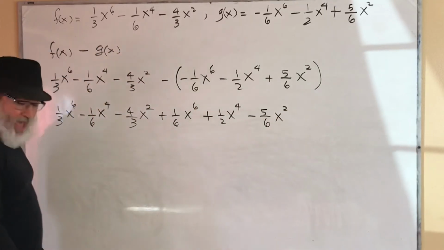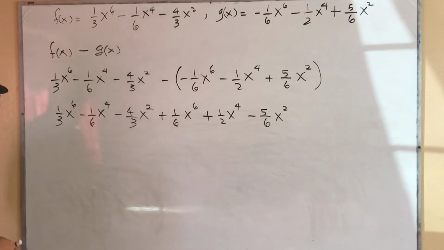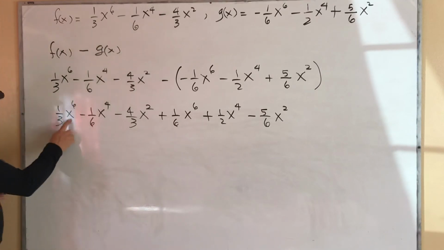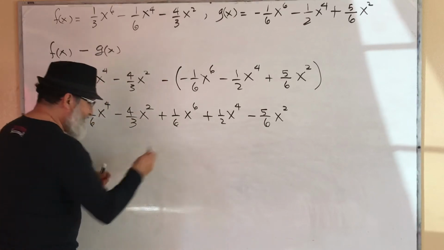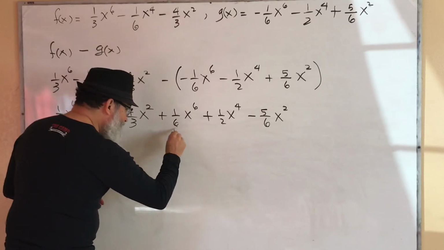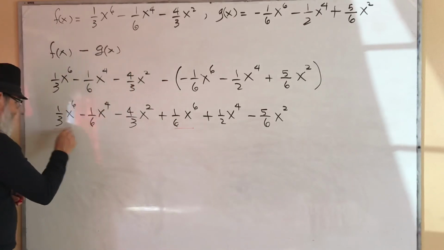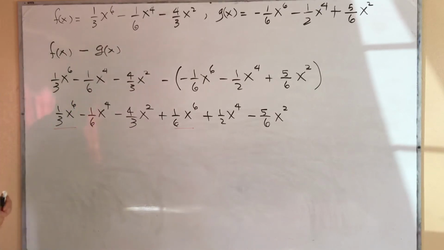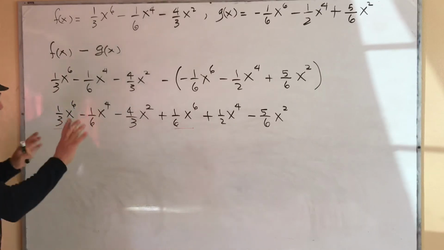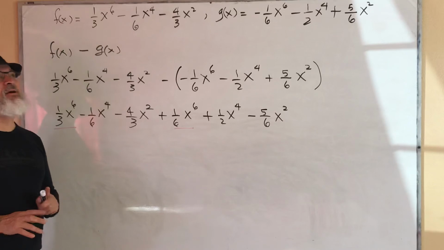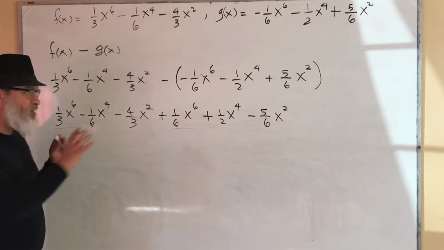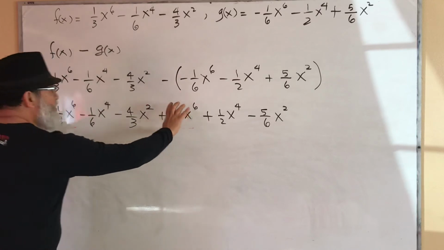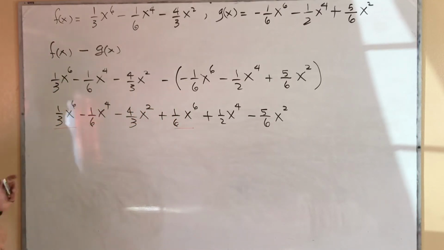Okay. Hey guys, look. X to the 6, x to the 6. They go together. This one and that one, they go together. By the commutative principle over addition, you can put them together.